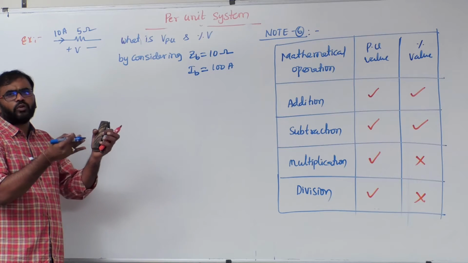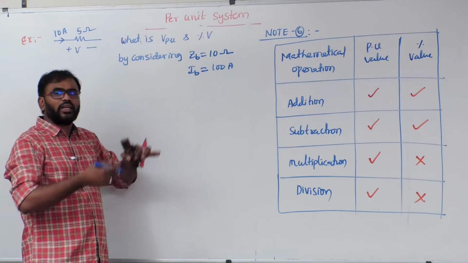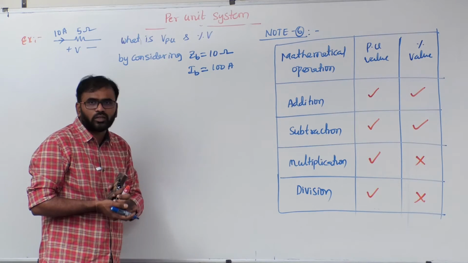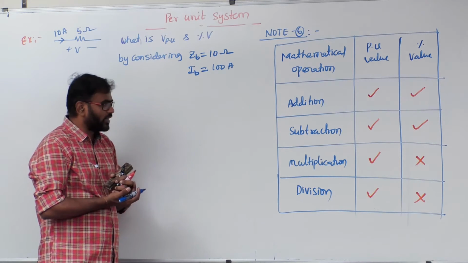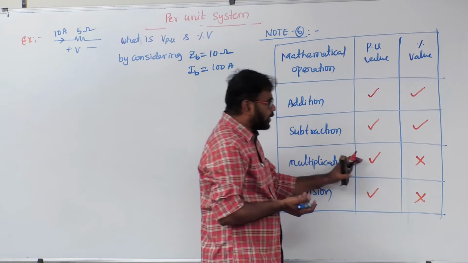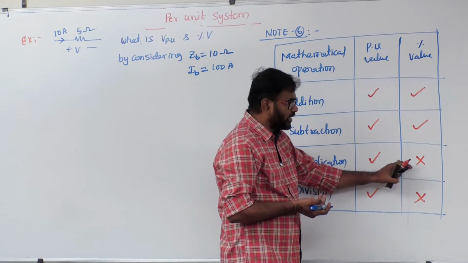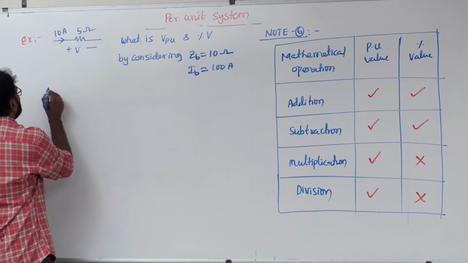First we will go with the fundamental approach to calculate percentage V and per unit V. Then later we will see multiplication and division with per unit and percentage, and finally we can conclude whether multiplication and division is valid for per unit or not and percentage or not. Now let's see first of all what is V base.